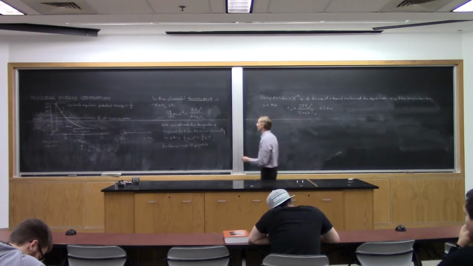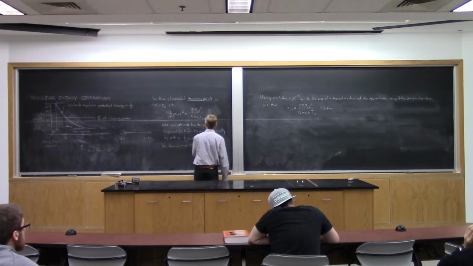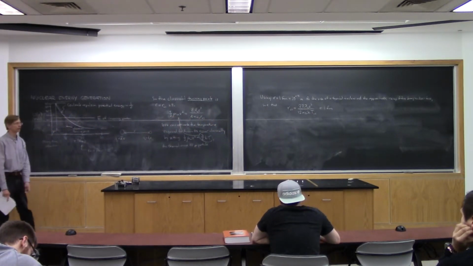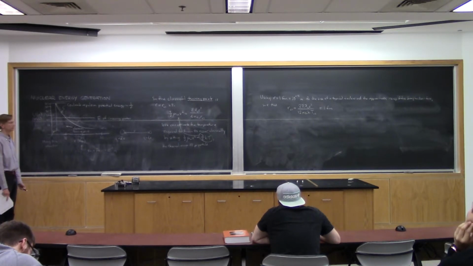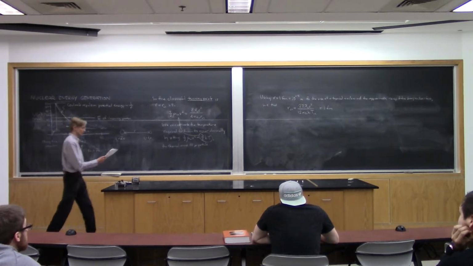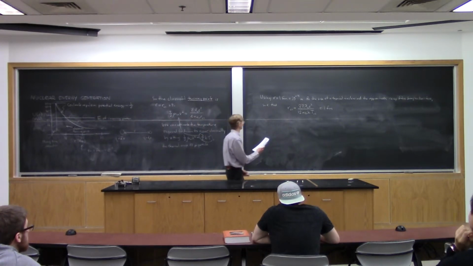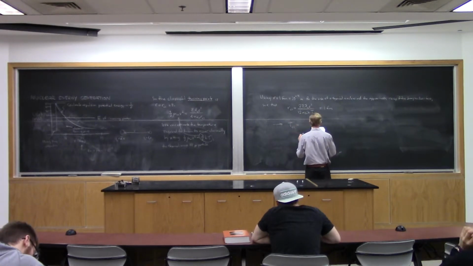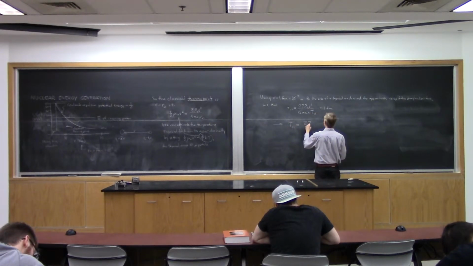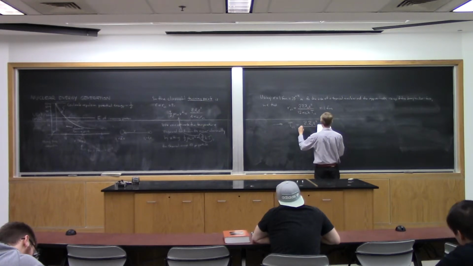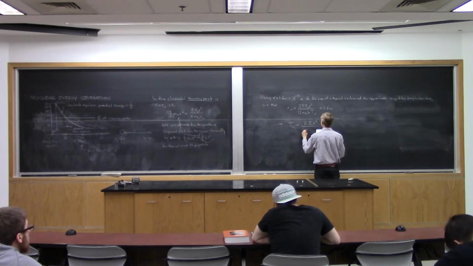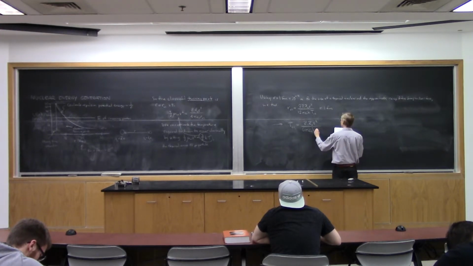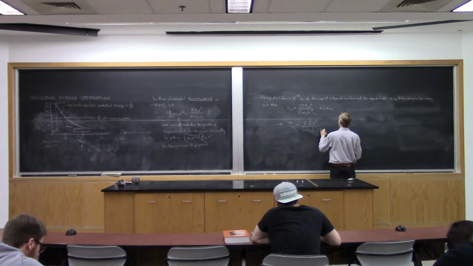So in other words, what we've done is we've put 3/2 kT equals Z1 Z2 e squared over 4 pi epsilon naught R classical, and then solved for T classical. So then T classical is Z1 Z2 e squared over 6 pi epsilon naught times the Boltzmann constant k times R being 1 Fermi.